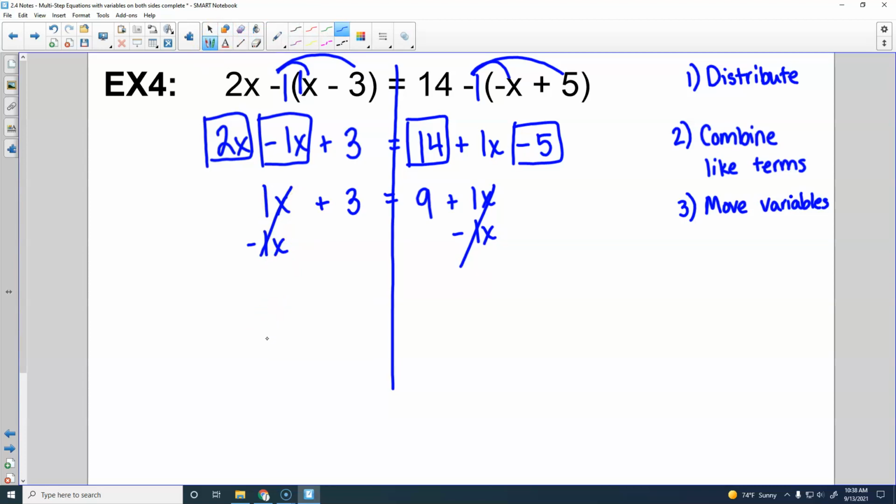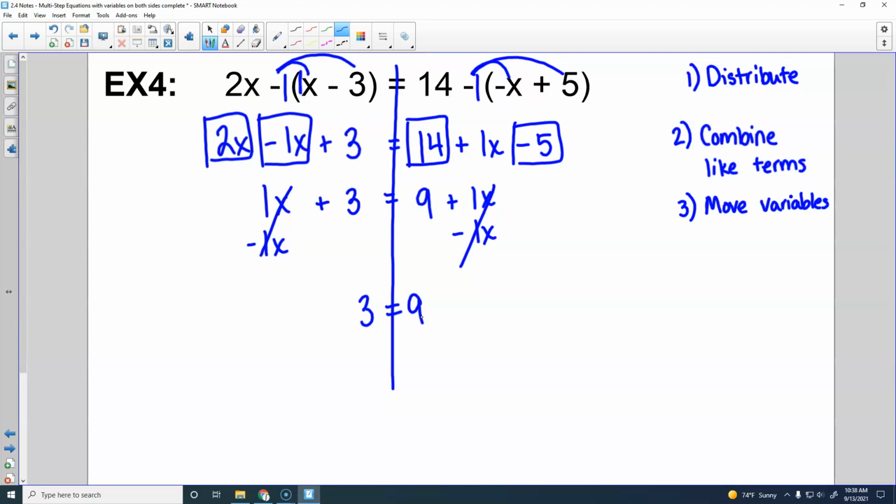So what's happened here is the variables have canceled out on both sides. So all I've got left is 3 equals 9. It's not 3. It's not 12. It's not 6. It's nothing because you don't have a variable to solve for anymore.